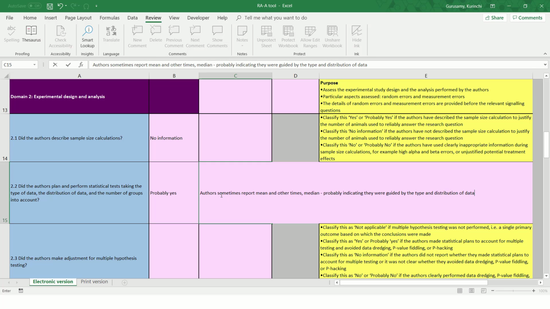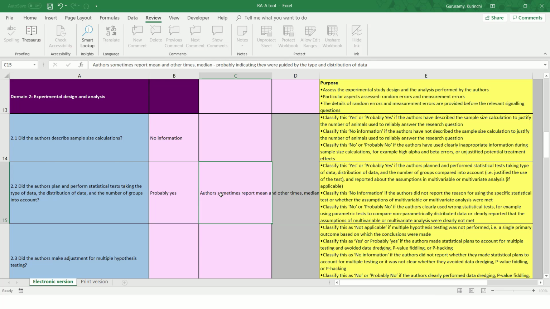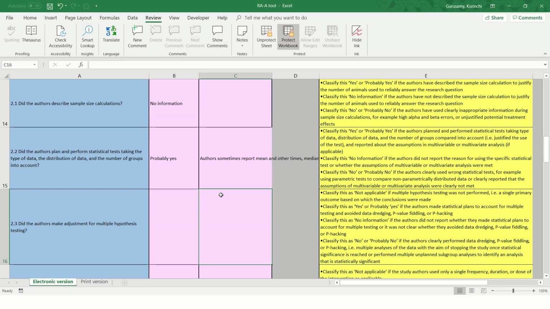Okay. Now if you're not sure, then just put it as no information. Unless you are very sure that the authors have used wrong statistical tests, just put no information if you're not sure.